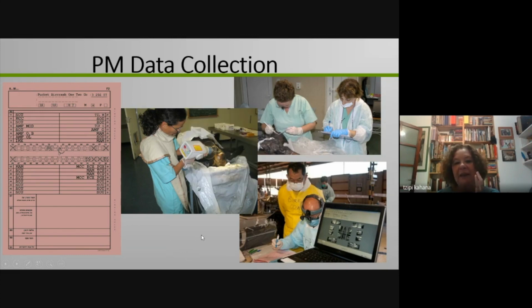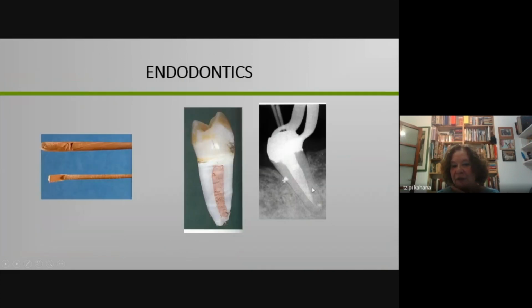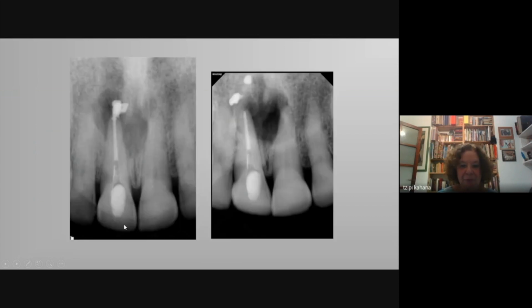For instance, we can have an endodontic treatment. We might have a capping of the tip of the root. It's called an apicectomy. So all this radiographic information has to be added into the postmortem data collection.